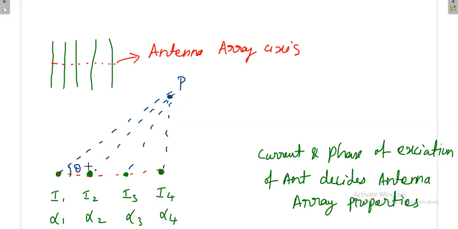But what is happening? Say, for example, if I consider only a two element array, I take a 2 element array. Suppose this is theta, and this is the distance between the radiators, the antennas.